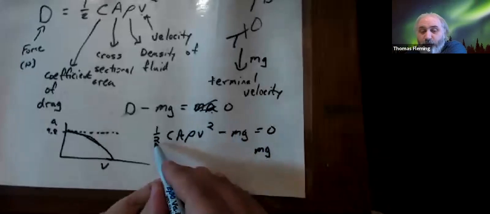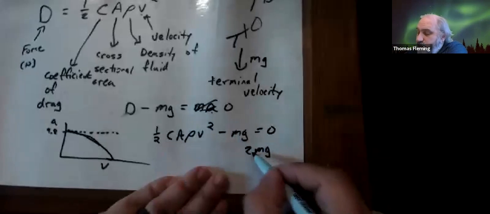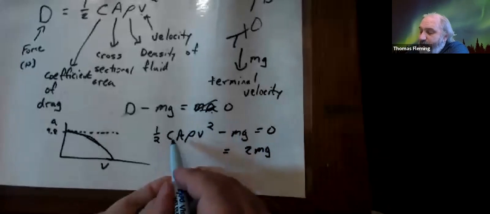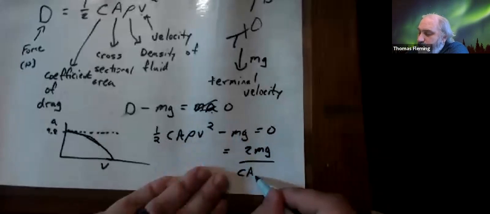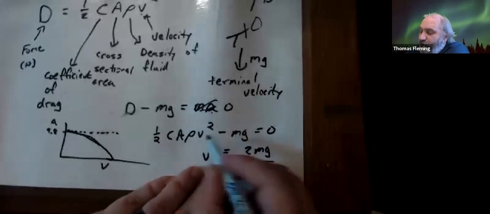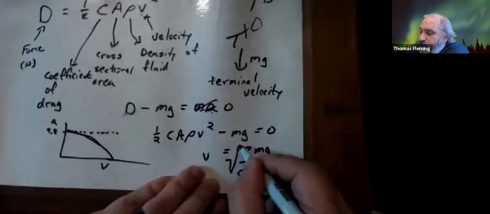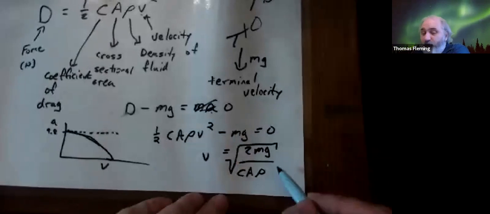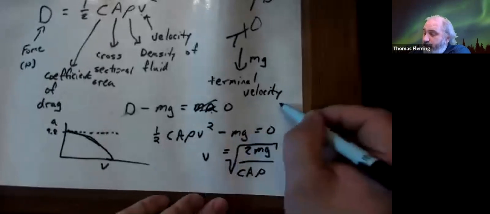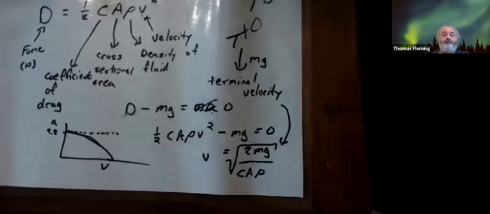I'm going to multiply by 2 to get rid of that 1/2. I'm going to divide by C A and rho. And then I'm going to square root both sides. So the terminal velocity of an object is given by that expression.